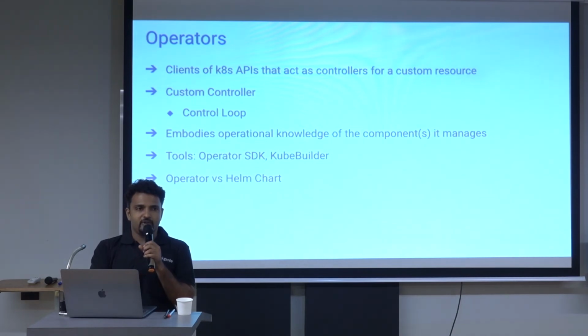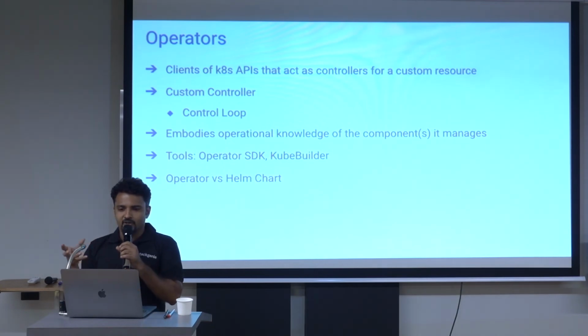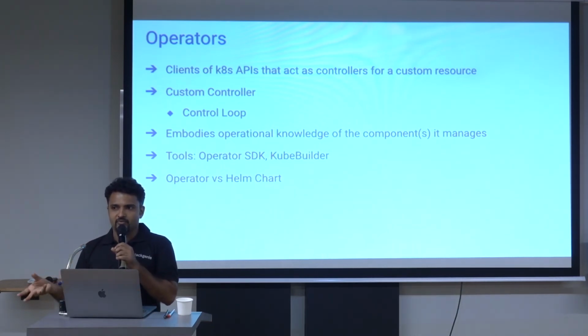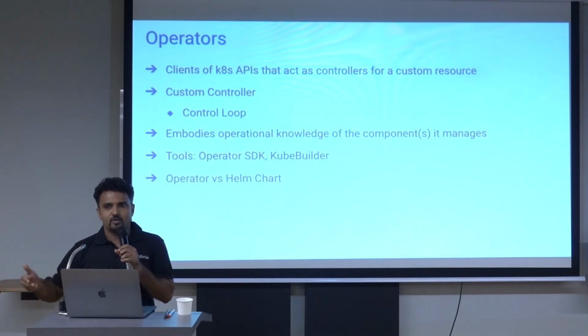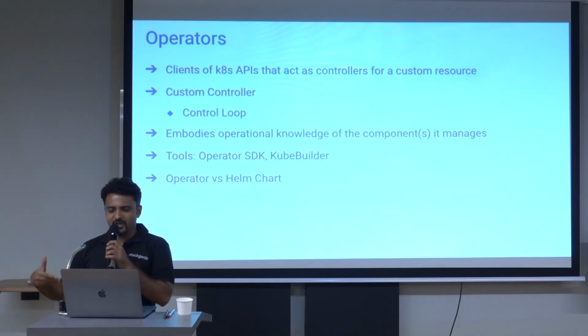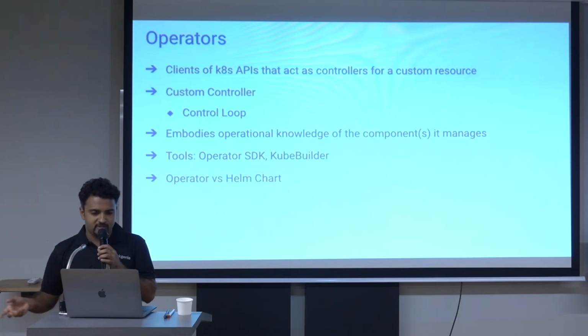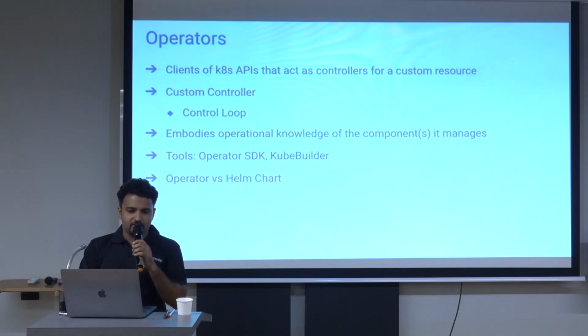It's called operator because the controller logic ensures the operational knowledge. For example, a deployment has to be maintained in a certain way. That's operational knowledge that is usually maintained by humans, but it is embodied in this controller. That's why it's called an operator.